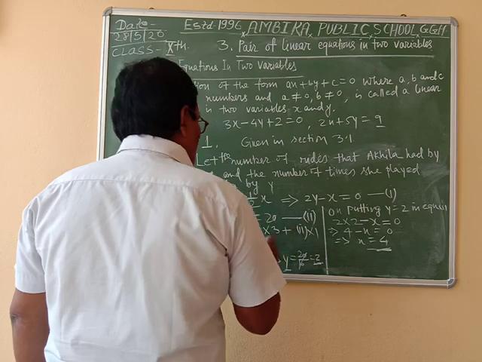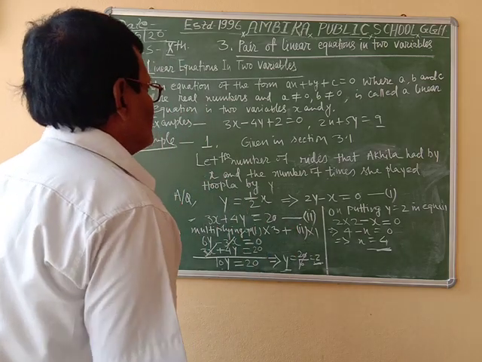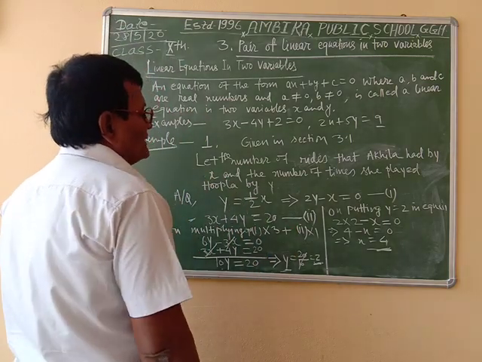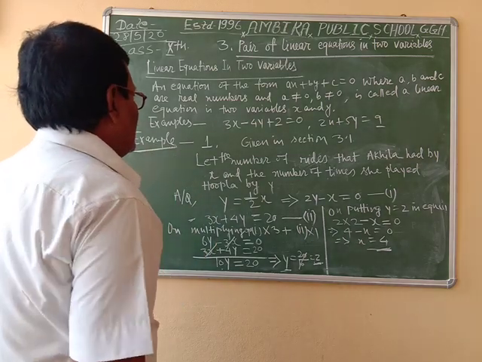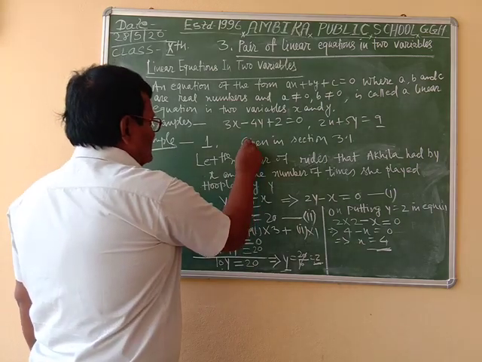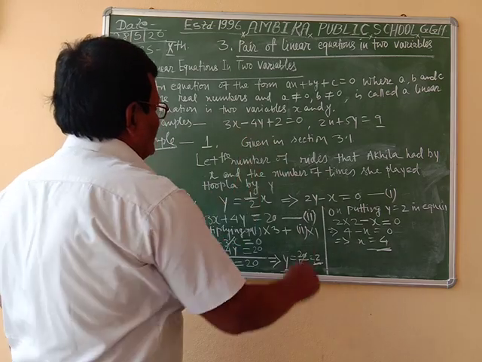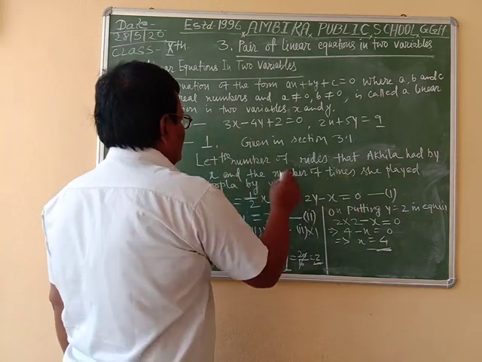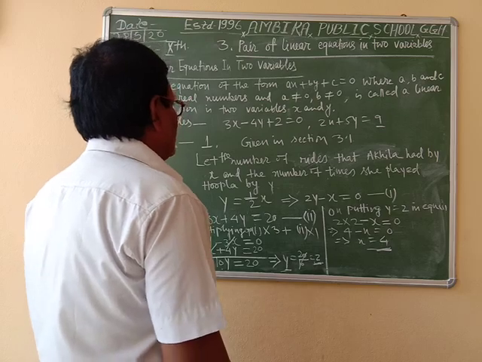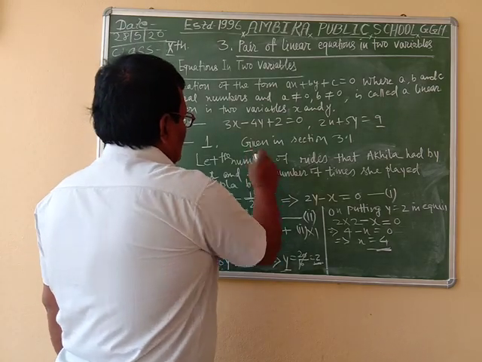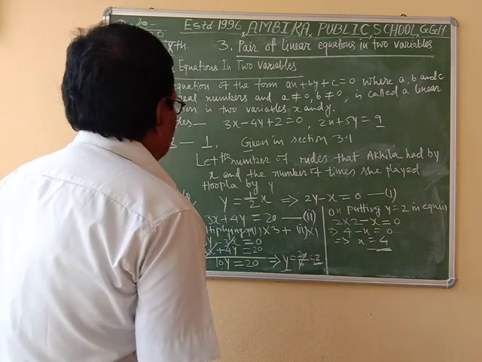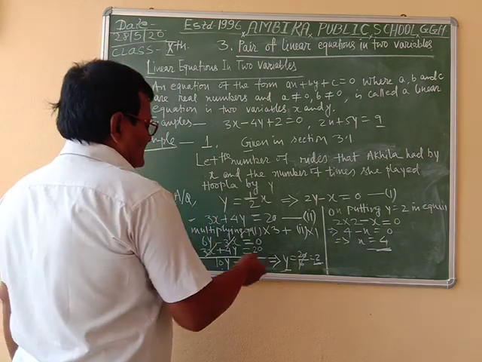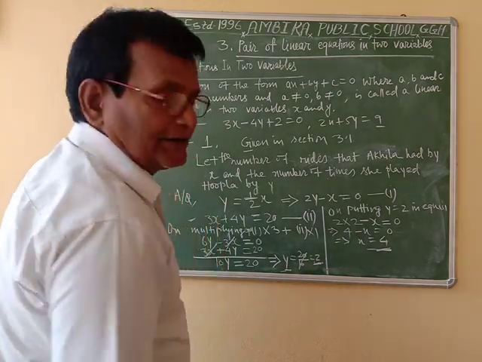This problem can also be solved graphically. I had told you before that here on the blackboard we cannot explain it clearly by the graphical method, so I have solved it by the algebraic method.